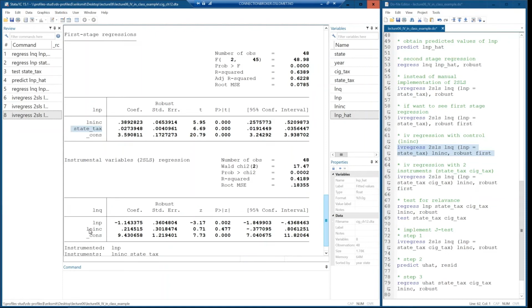In our case, we have one endogenous variable here and one instrument, and we say that our setup, or our regression, is exactly identified. But if we add one more instrument such that we have more instruments than endogenous variables, then we say that our setup is over-identified.